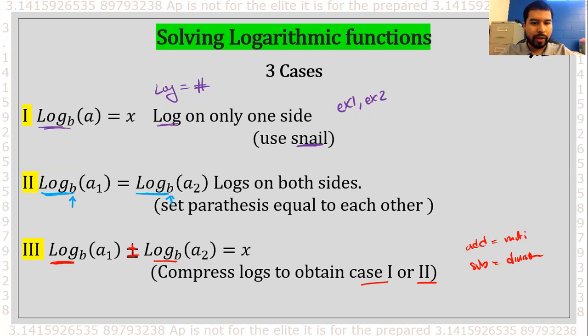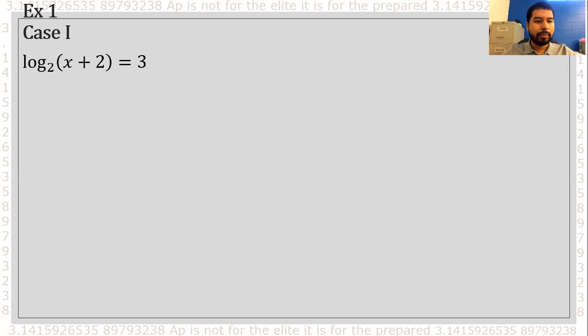Okay, alrighty. So case number one, it's going to be the Snail method, right? Because I have a log on one side with a base of 2 and a digit on the right. And I want to get rid of that log.